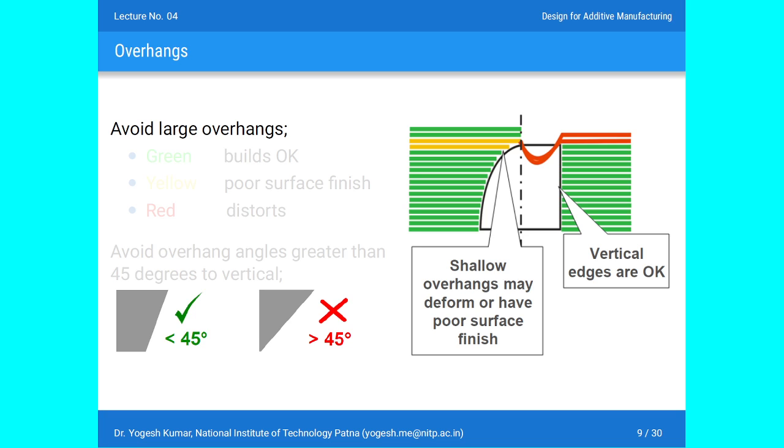Then we have a second component which needs to be taken into consideration, whether you are talking about metal or non-metal additive manufacturing processes. In the previous lecture I talked about supports: whether the structure we are printing needs to be printed with or without support, and why this support is needed. So let us try to understand.